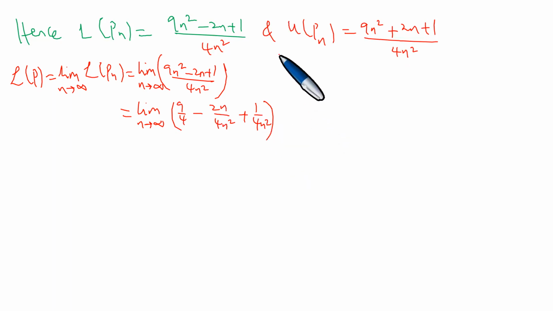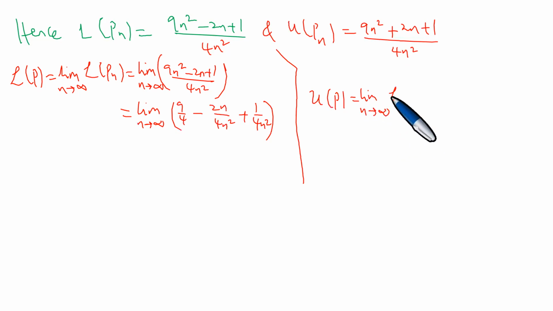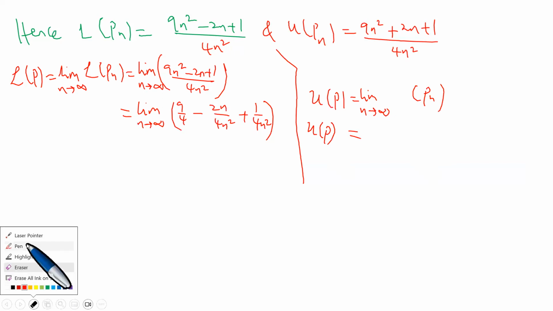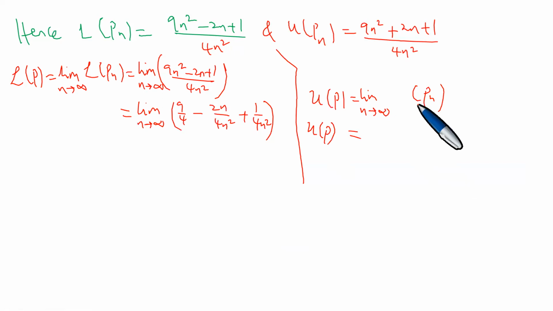We can just write this. To evaluate the limits, here you have UP. The limit as n approaches infinity of the LPN, and the UPN.